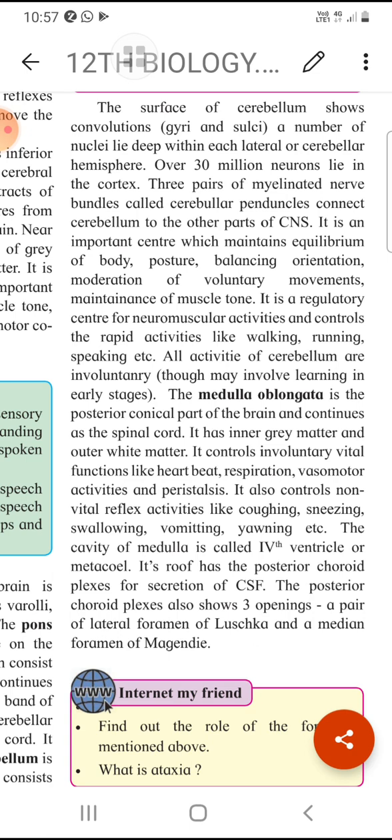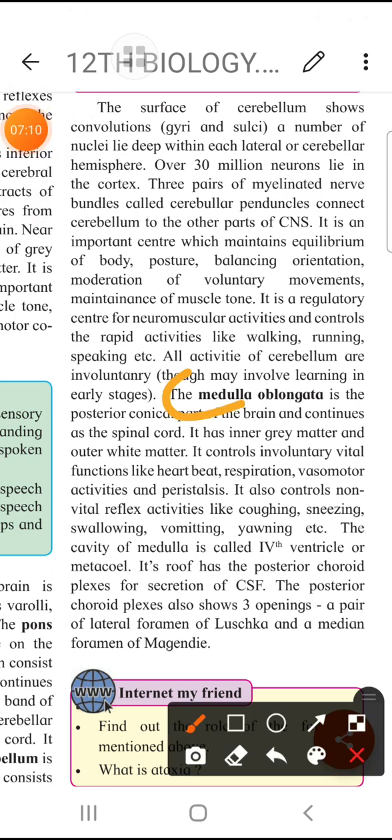So we read here the medulla oblongata, conical part, and what it is doing, it controls the involuntary action like आपका heartbeat, respiration, vasomotor activity, peristalsis.